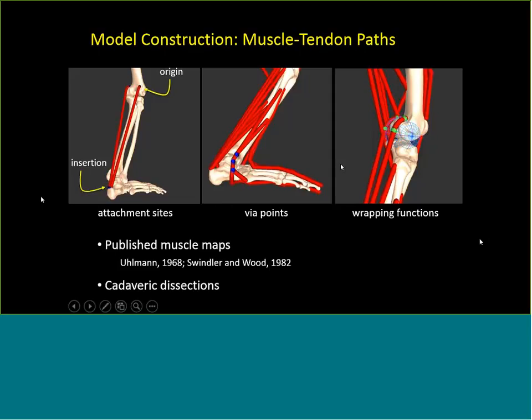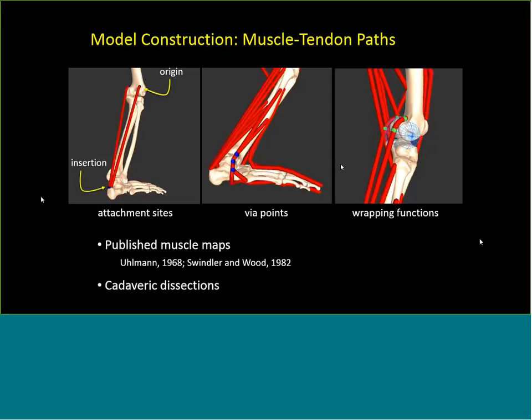This is again a case where for the muscle attachment sites, the origins and insertions, there's quite a bit of data to go on, given that we're talking about a non-human species here. So there are published muscle maps that identify the average areas of attachment for all of the muscles in the chimpanzee musculoskeletal system. Because of our high-resolution scans, we could also see the markings on a lot of the bones that identify where muscles attach.